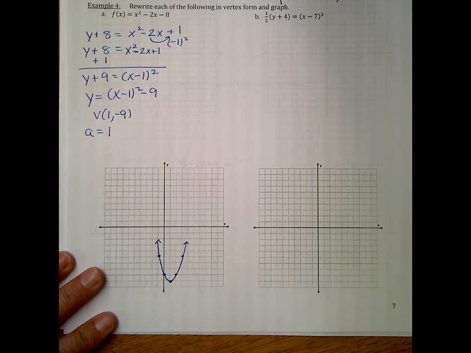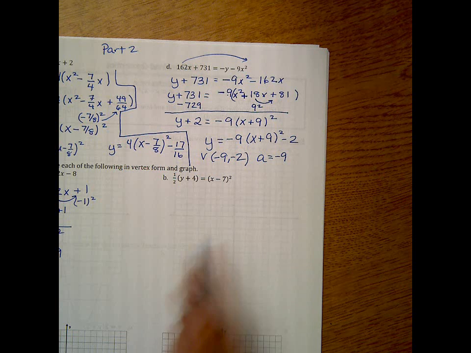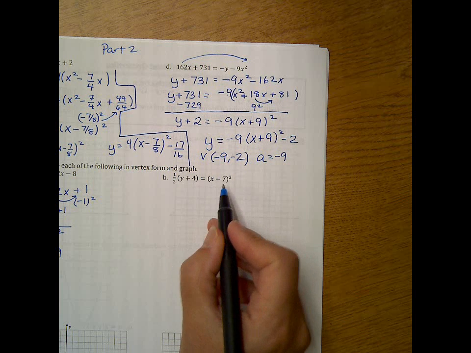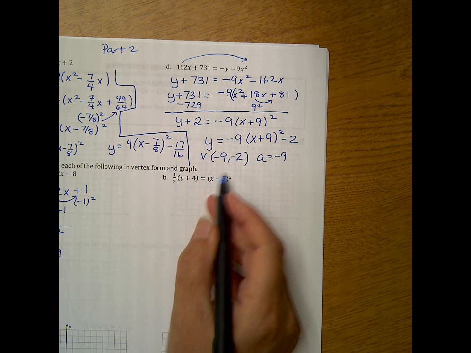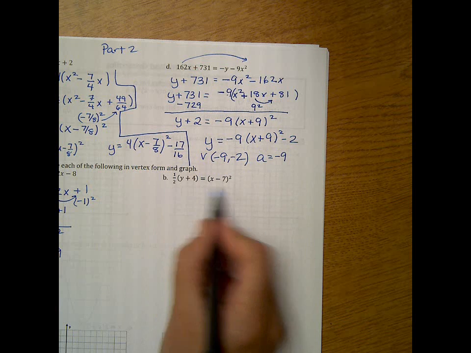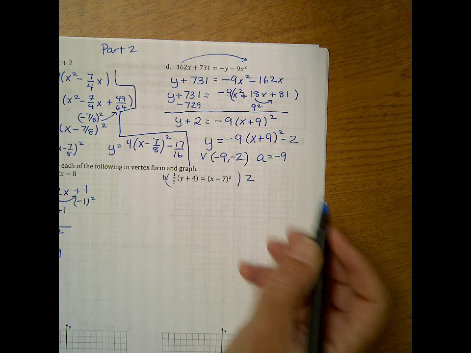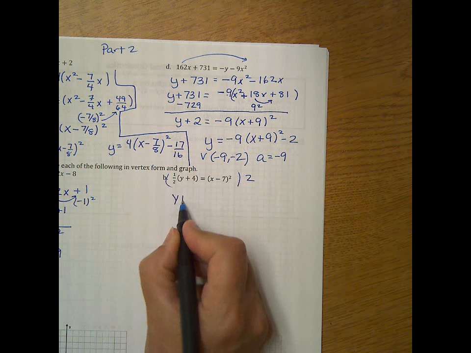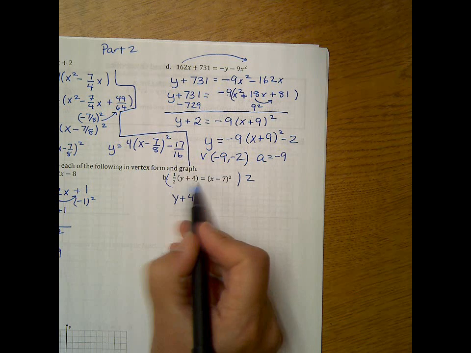Okay, B is kind of weird because it doesn't really look like any of the forms we're used to. So be careful when you have that. Look and see. I don't need to complete the square because I don't have but 1x. I already have x minus 7 squared by itself. So what if maybe we multiply everything by 2 here? If we multiply the whole equation by 2, we're going to have just y plus 4 because 2 times 1/2, that 1/2 is connected with all of this.